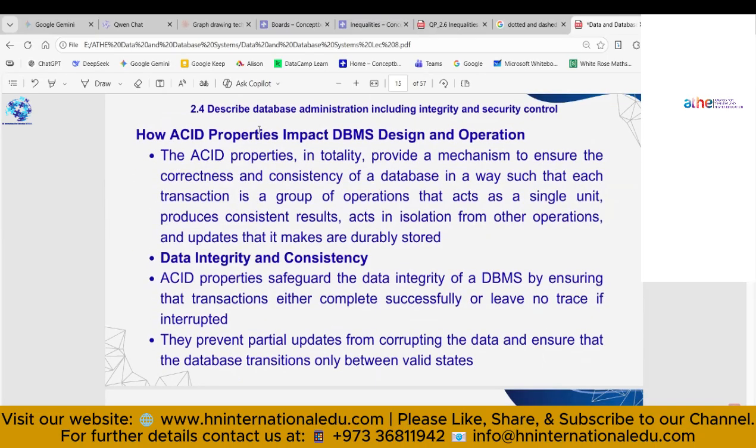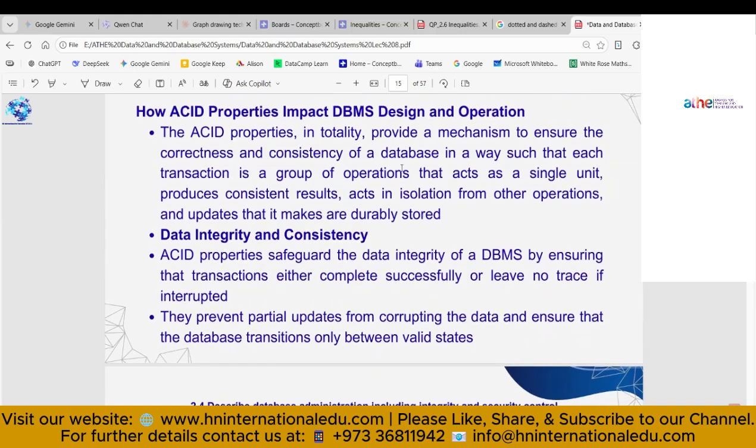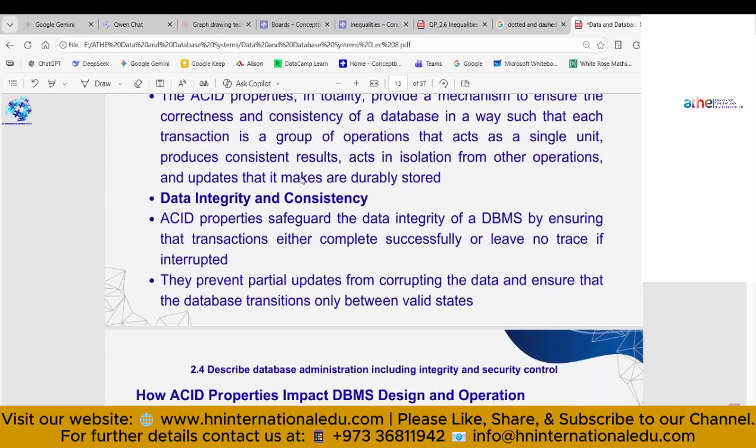Now, how ACID properties impact the DBMS design and operation. The ACID properties in totality provide a mechanism to ensure the correctness and consistency of our database, in a way such that each transaction is a group of operations that act as a single unit, but work independently. They produce consistent results, act in isolation from other operations, and the updates they make are durably stored.